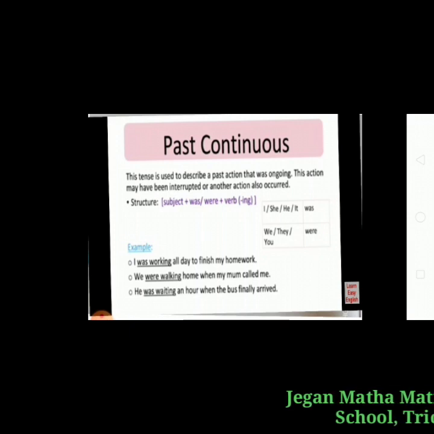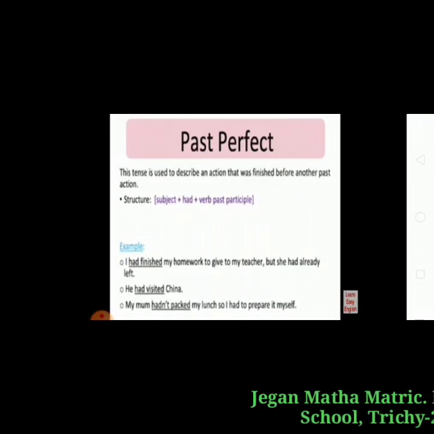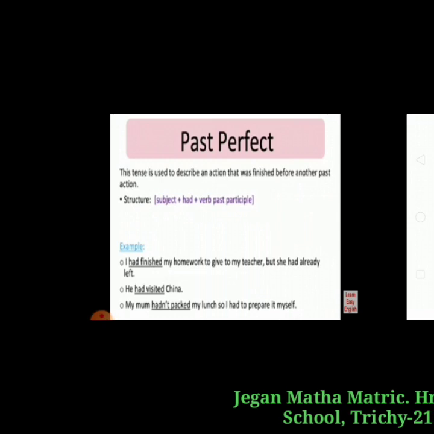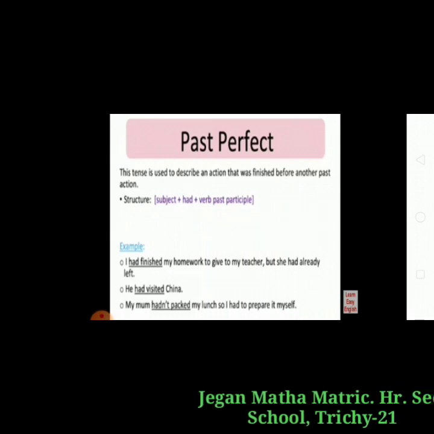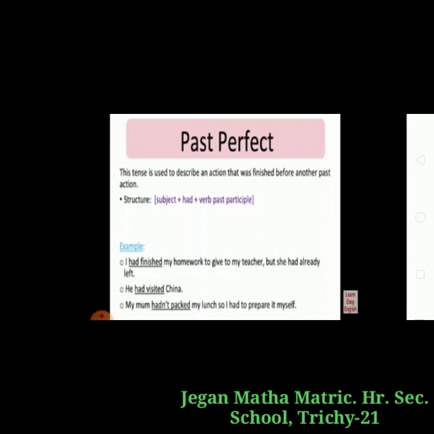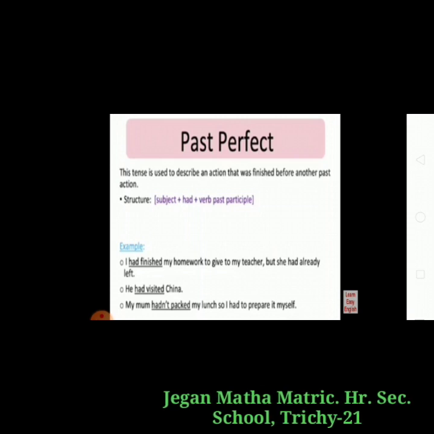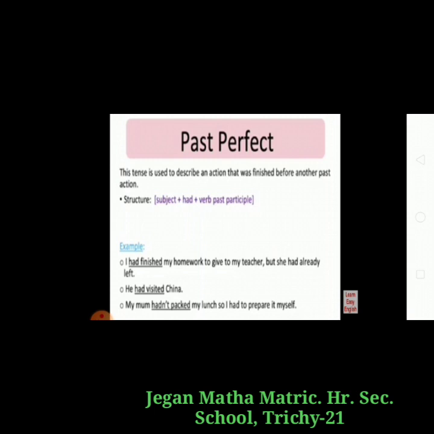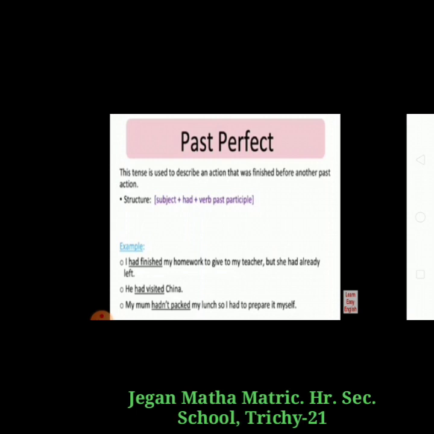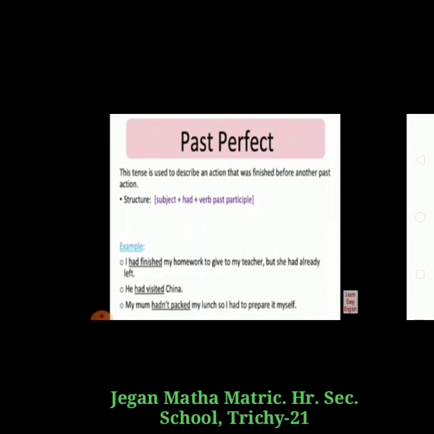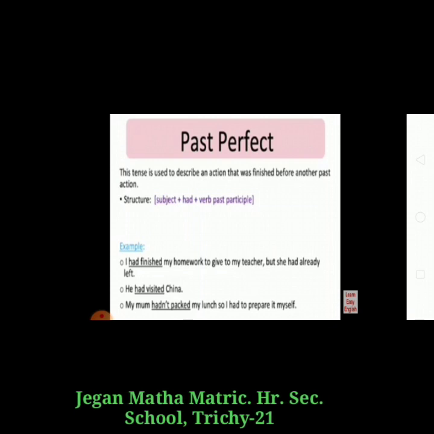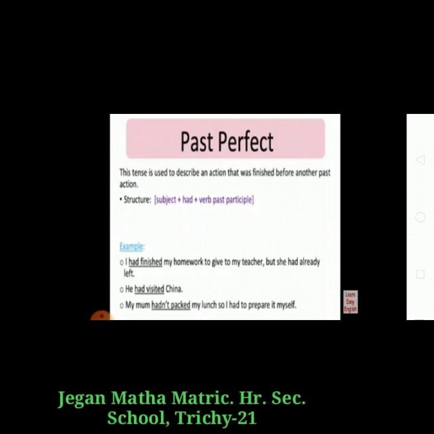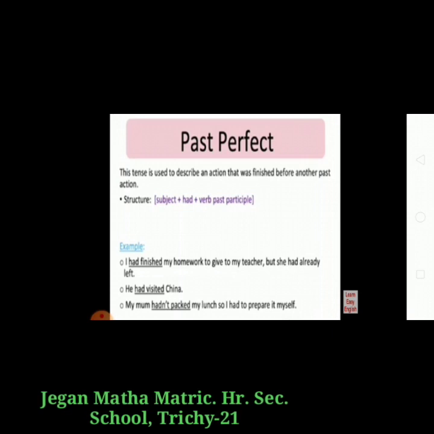Next, past perfect. This tense is used to describe an action that was finished before another past action, for an action that had been completed before another action began in the past. For example, he had appealed to the manager for a week's leave before I reached.